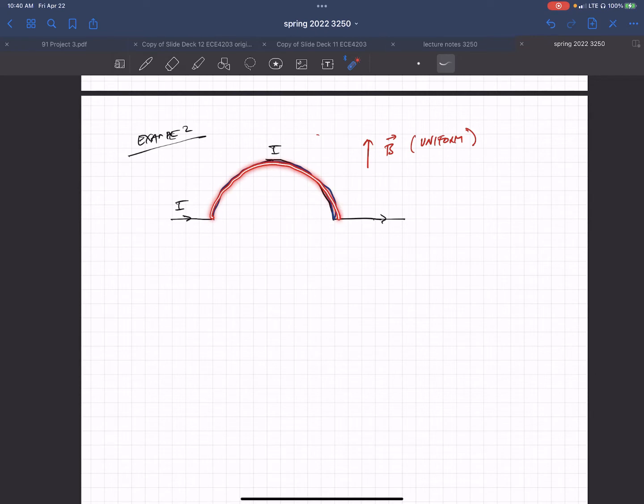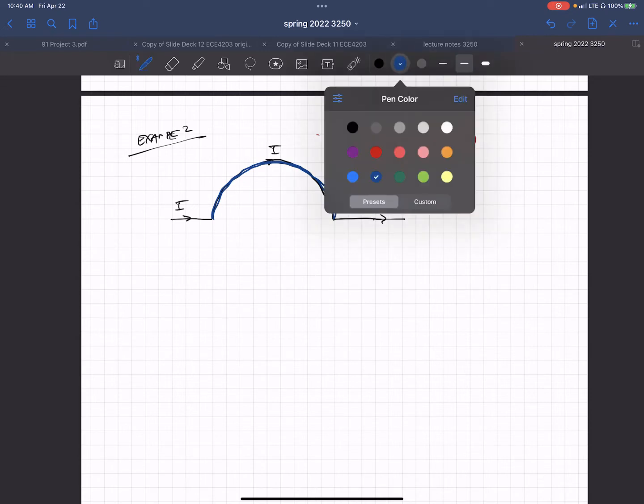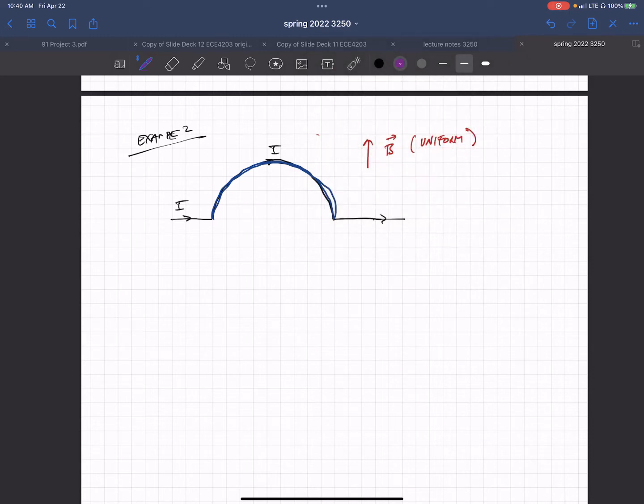But for this problem, I'm only concerned about the force on this semicircle. So let's first think about which direction the force is going to be going. So the way I drew this, my dl, remember the force is I dl cross B.